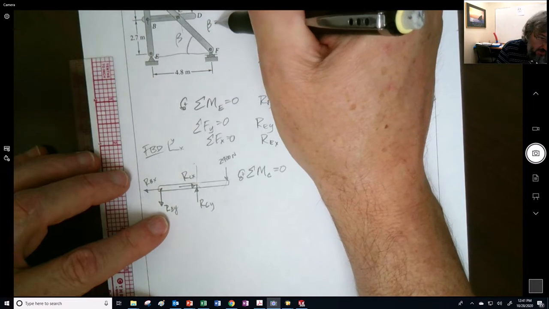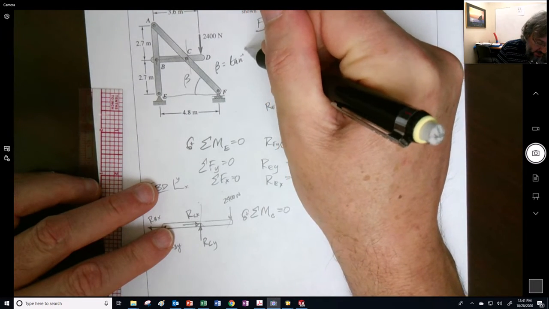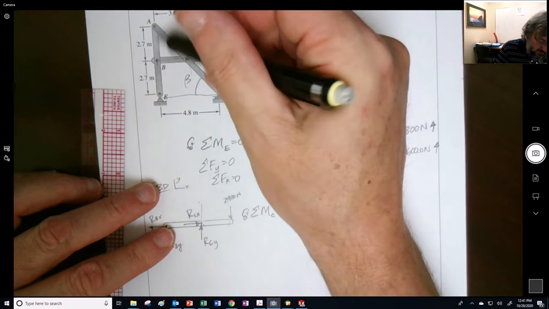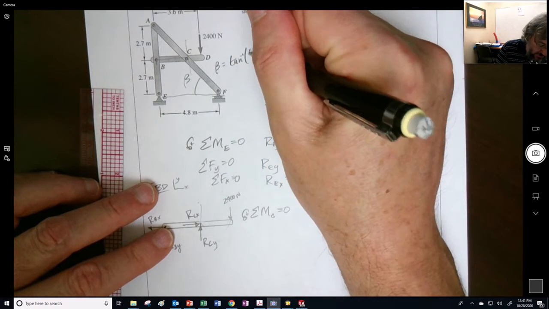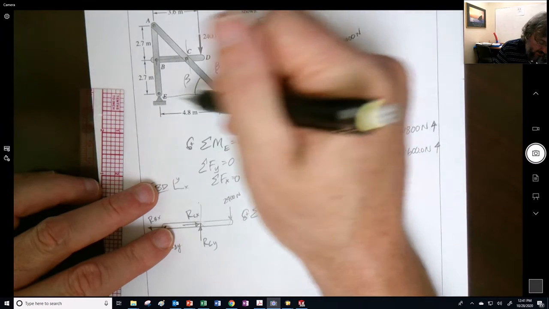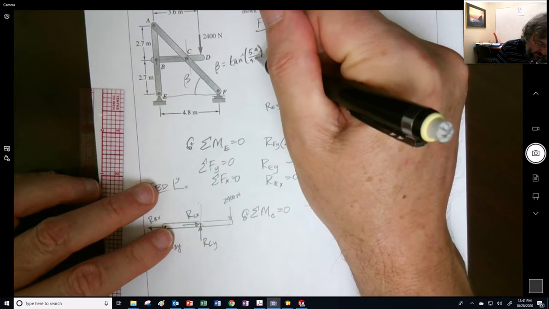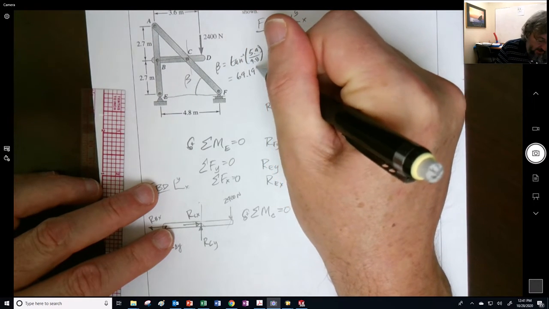And so that beta is going to be equal to the inverse tan of rise, which is 2.7 plus 2.7, which turns out to be 5.4, divided by our run of 4.8, and so we get an answer of 64.19 degrees.